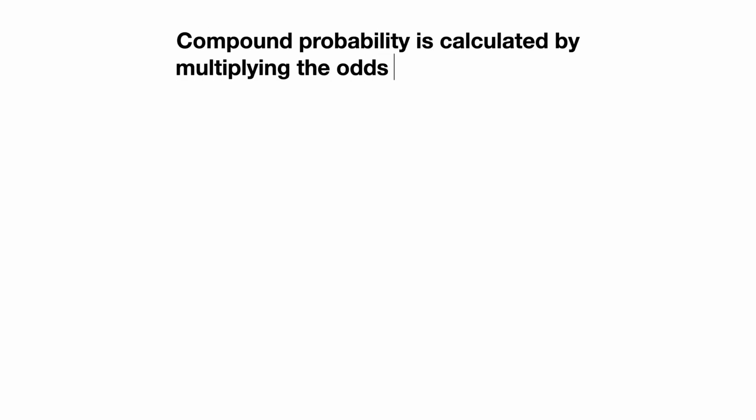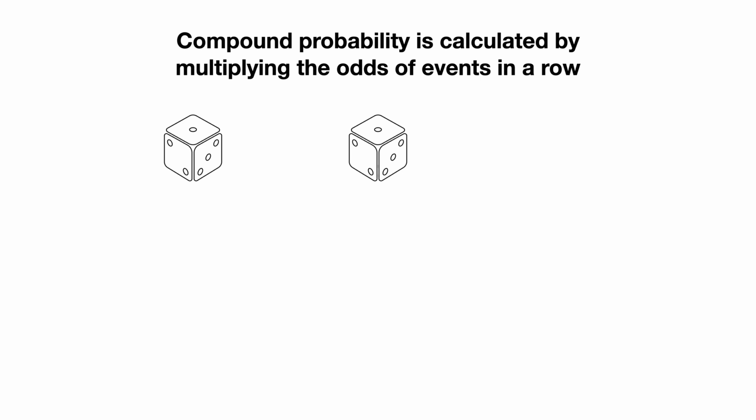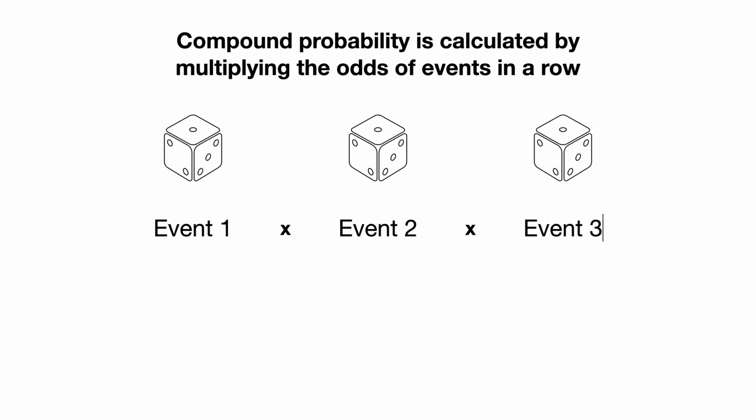When doing compound probability problems, you calculate compound probability by multiplying the odds of events in a row. You'll see what that means shortly. If you roll the dice, that's event 1, then you roll it again, that's event 2, and then you roll it a third time, that's event 3. So it'd be the odds of event 1 times the odds of event 2 times the odds of event 3.